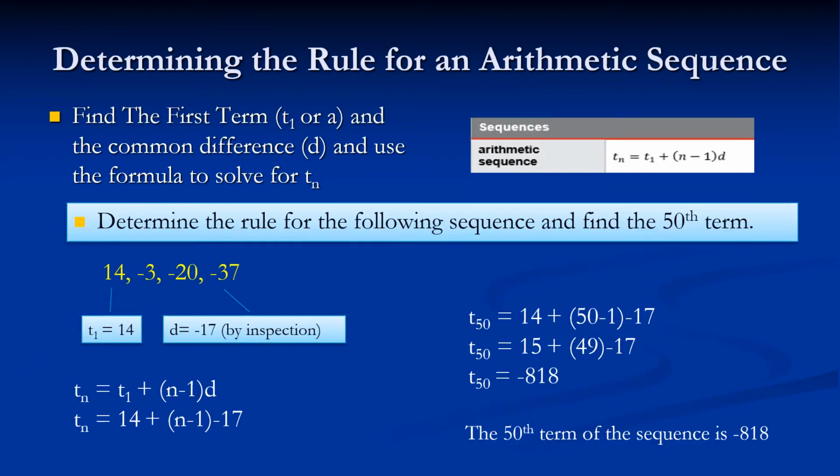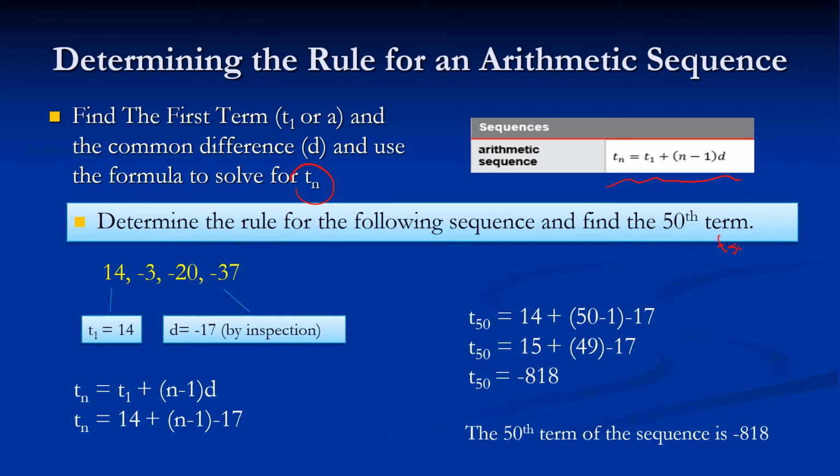Now if we want to determine the rule for an arithmetic sequence, remember that's just substituting into that. So we need to find the first term, so that's T1, or your textbook will use A, and the common difference, and use the formula to solve for Tn. So determine the rule for the following sequence for the 50th term.